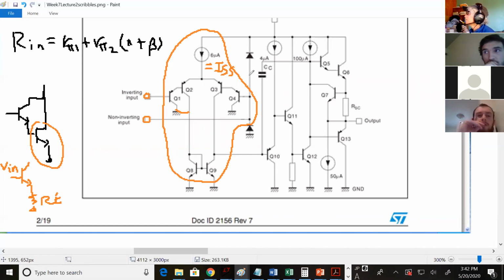Oh, go ahead. Oh, I'm sorry. That made me reconsider. Well, I guess what I was thinking was if you're using a smaller ISS, when you change one side, there'll be less of a change in current proportionally. Like if you're using 6 milliamps or something like that, the same change would be a lot greater. Okay.